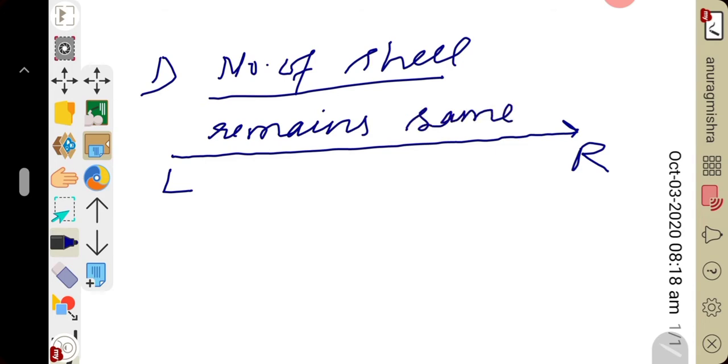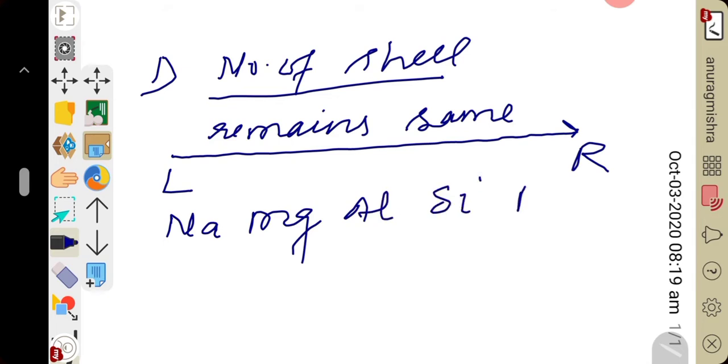We can see one example, period number 3: sodium, magnesium, aluminium, silicon, phosphorus, sulfur, chlorine, argon. Here the electronic configuration of sodium, atomic number 11, is 2, 8, 1, indicating the number of shells is 3.